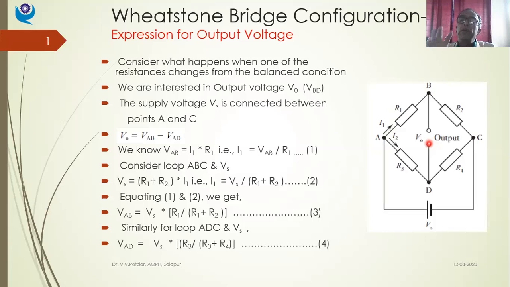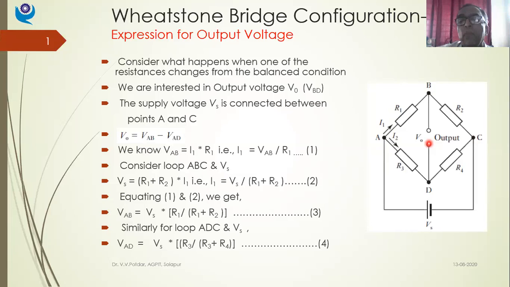Original output voltage was, let us say, V0. With increase of strain, resistance will also increase and V0 will also increase. So the voltage will change from V0 to V0 plus dV0. Then we'll find out how much that dV0 will be. Okay, hope you are following what I'm saying.